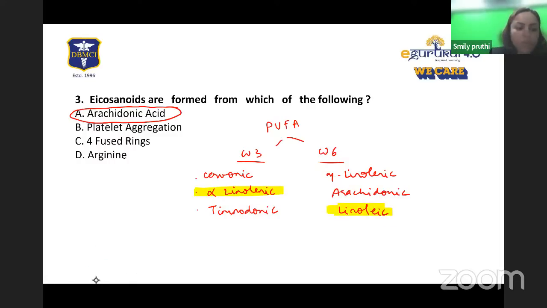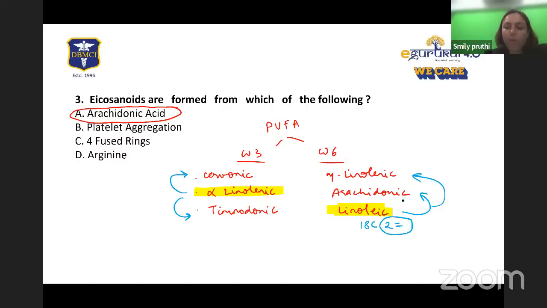So this means that if we have alpha-linolenic in the diet, then it can make the other two of this category. Linoleic can make the other two of this category, right? So linoleic, which is 18 carbon and 2 double bond, can form arachidonic acid, and arachidonic acid is very important for the formation of eicosanoids, prostaglandins and leukotrienes, okay?